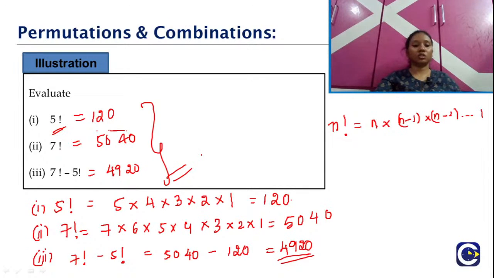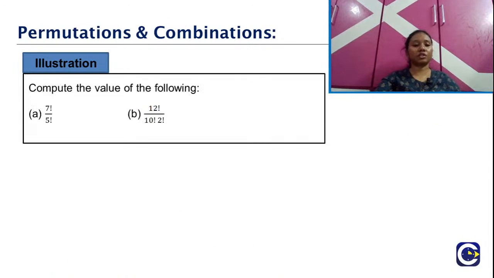So let's move on to the next question. Here comes another type of evaluating values related to the factorial. Initially we just had a simple expansion or evaluation, but now we have a different format. So try and do that.